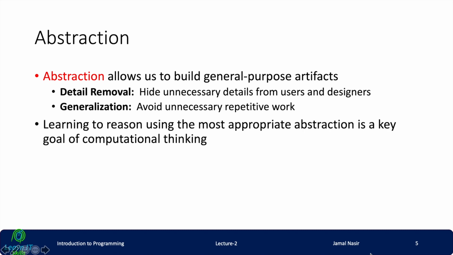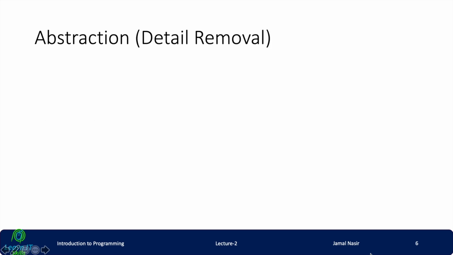So learning to reason using the most appropriate abstraction is a key goal of computational thinking. So this is a very important concept, what would be the most appropriate abstraction of your program. So this is the main goal of computational thinking.